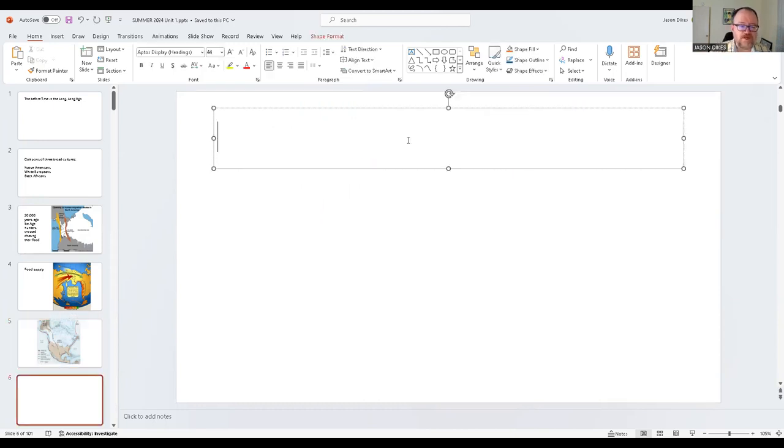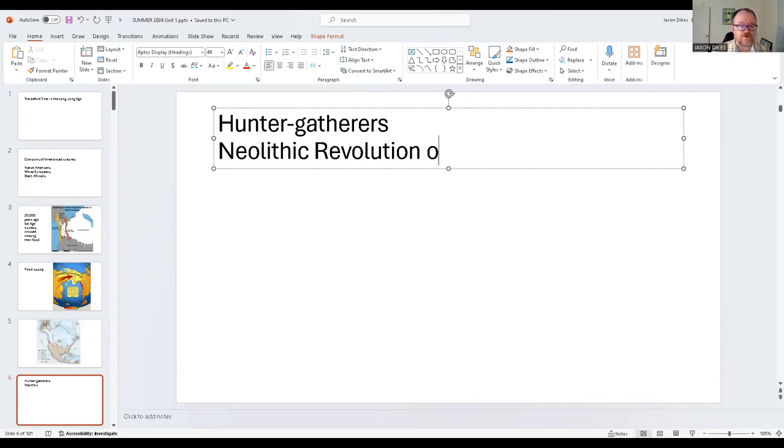Most of these people who came, again, were hunter-gatherers and remained hunter-gatherers for thousands of years until something called the Neolithic Revolution occurred. Now, we don't know when the Neolithic Revolution occurred in the Americas.